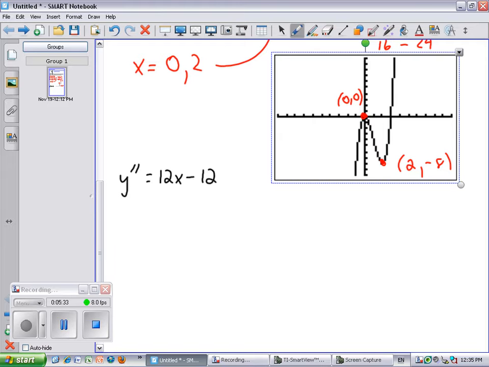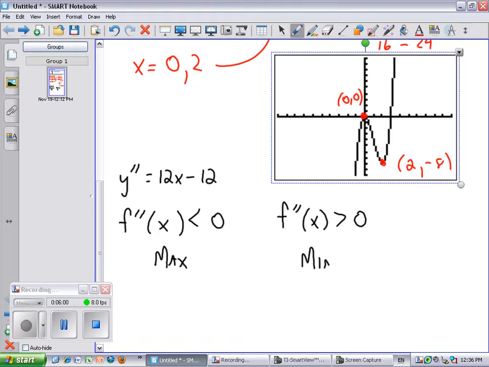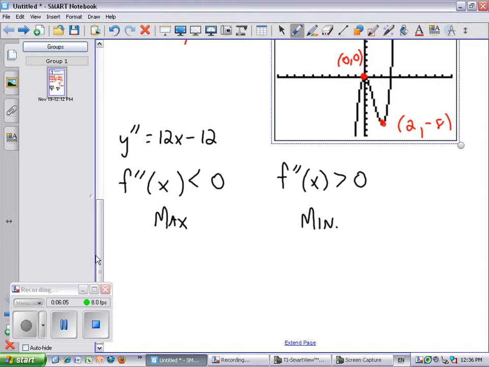Now, the second derivative test, as we took last day, showed us that if the second derivative at a stationary point is less than 0, we have a max. The second derivative greater than 0, we have a min. So let's try that. Second derivative test.